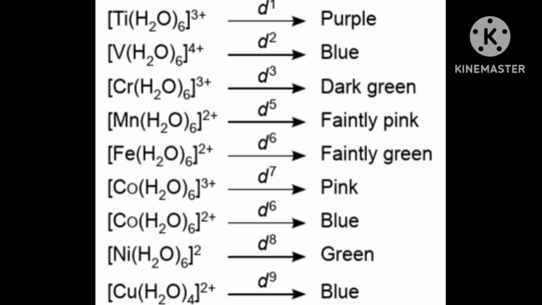Aluminum is in the 3+ state, and chromium is also in the 3+ state.